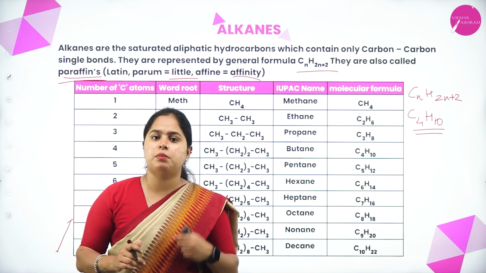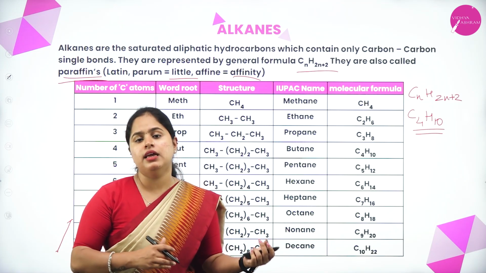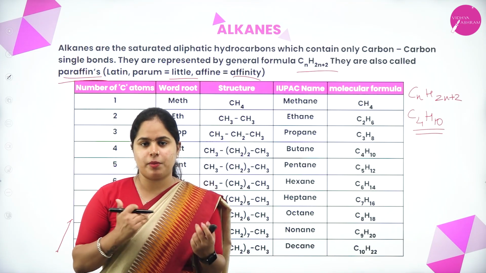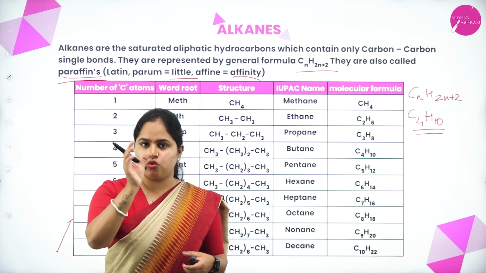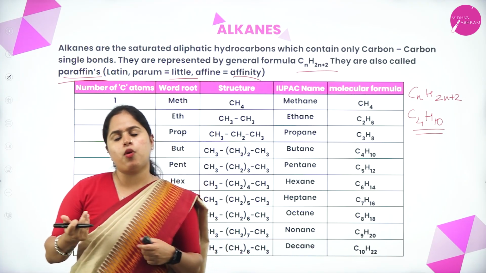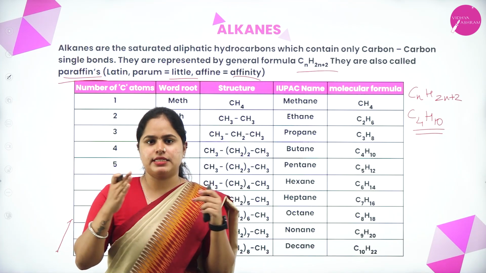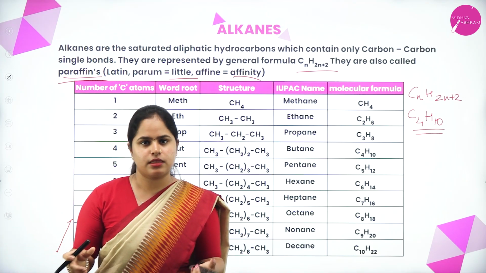The suffix here will be ane, right? In the case of alkene, it will be ene. In the case of alkyne, it will be yne. So the root word plus the suffix you have to use. And one more point is that the suffix of alkanes, alkenes and alkynes always comes as a suffix and will never be present as a prefix.